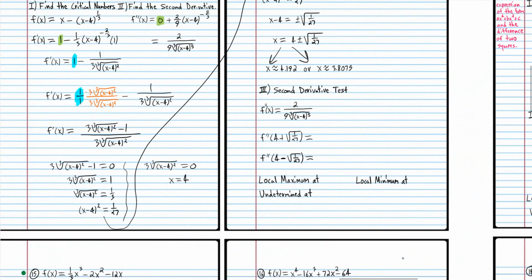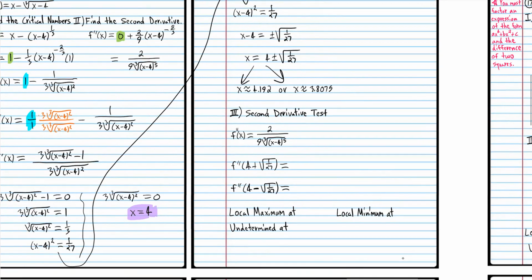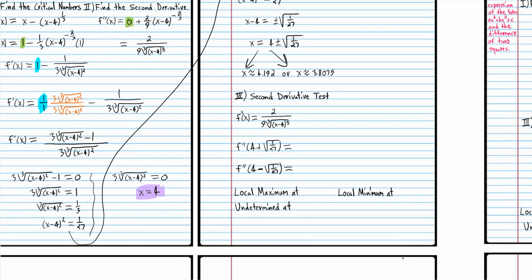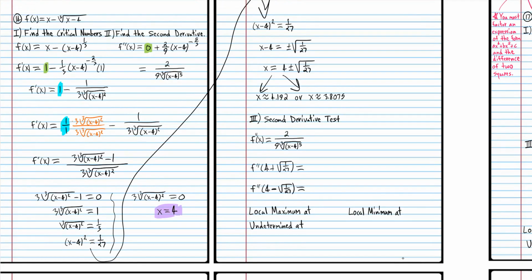So before we forget, let's remember this critical number here. We can see that if you plug that critical number into the double derivative, it actually makes the double derivative undefined. So that means that the second derivative test doesn't really help us.